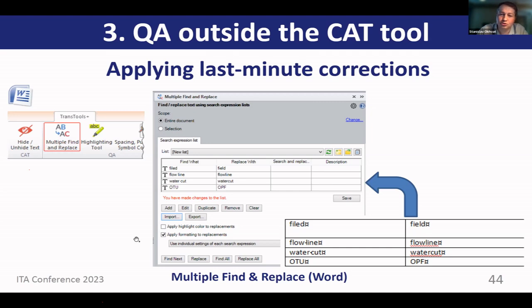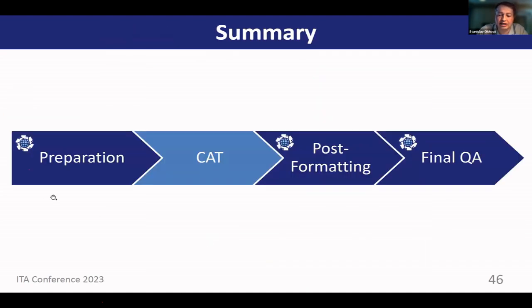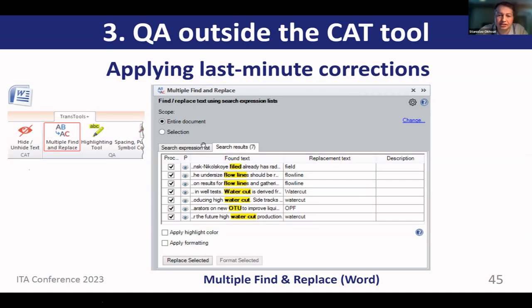It will list all the places where these words appear in your text, and then you just apply the corrections, and it will be much faster than using the replacement functionality in Word, because otherwise in Word, you would have to run each replacement one after another. Whereas here, you will just apply all these corrections at once.